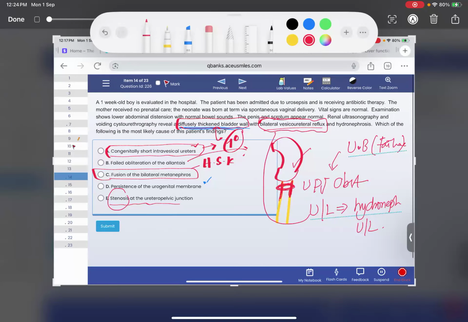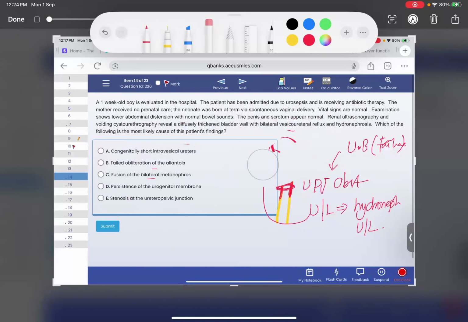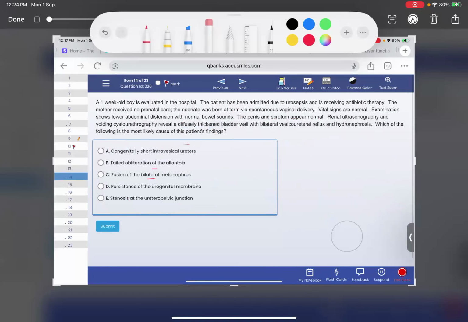It does not have anything to do with vesicoureteral reflux. Okay? It does not have anything to do with the thickened bladder wall. You are getting my point, right? Or should I go into details? I thought the anatomy is very easy. That's why I'm going easy on it, right?